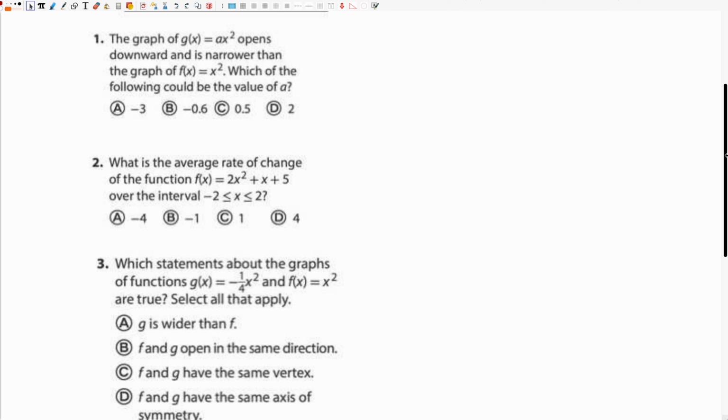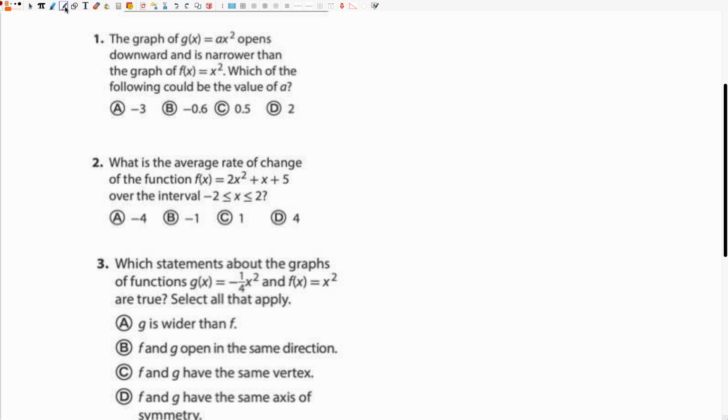So here we go. The graph of g of x equals ax squared opens downward and is narrower than the graph of f of x equals x squared. Before we get to the question part of this, what is special about f of x equals x squared? It's the origin function. It's the parent function.